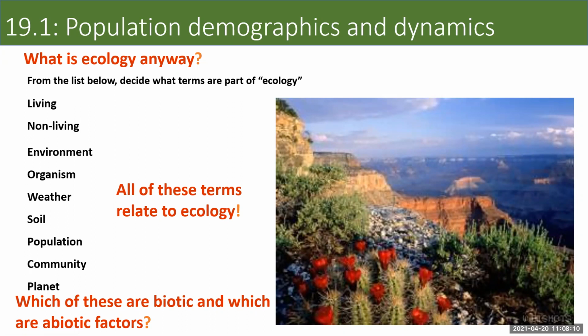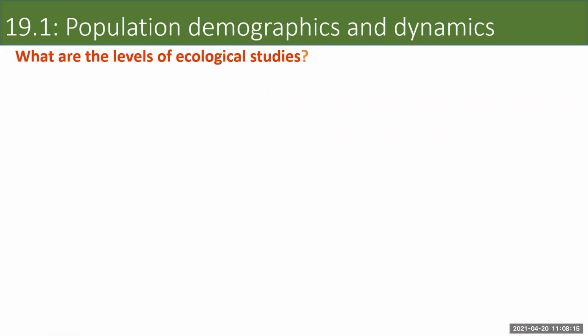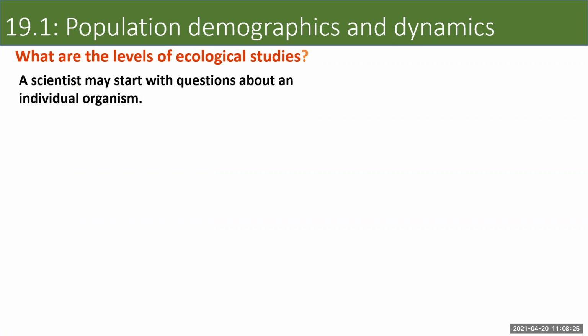And speaking of those levels and scales, what exactly are levels of ecological studies? And these levels are really dependent on the questions that we want to ask about specific organisms or specific populations or communities, right? And so one of the smaller scales is, let's just have a question about a specific organism.